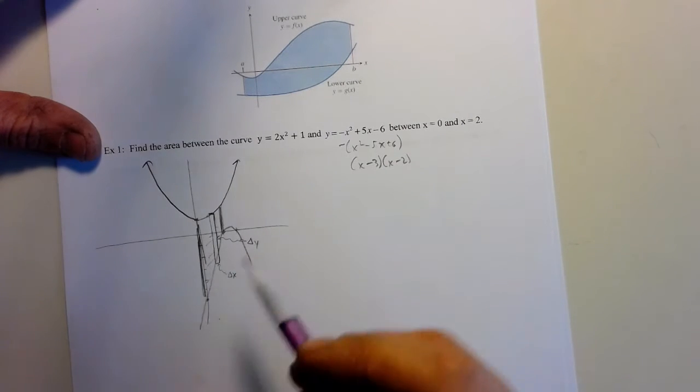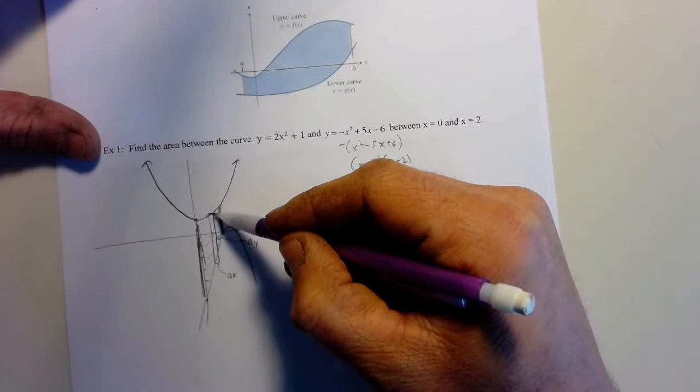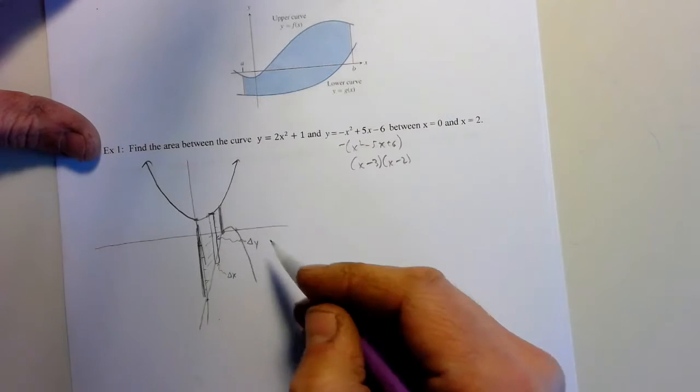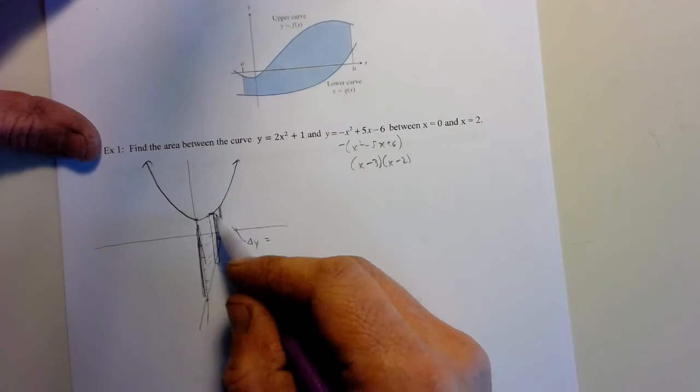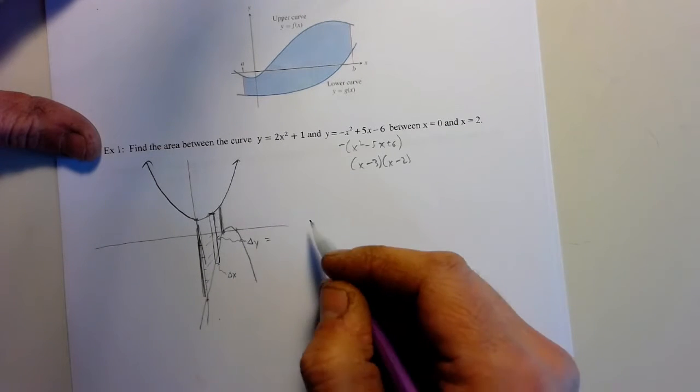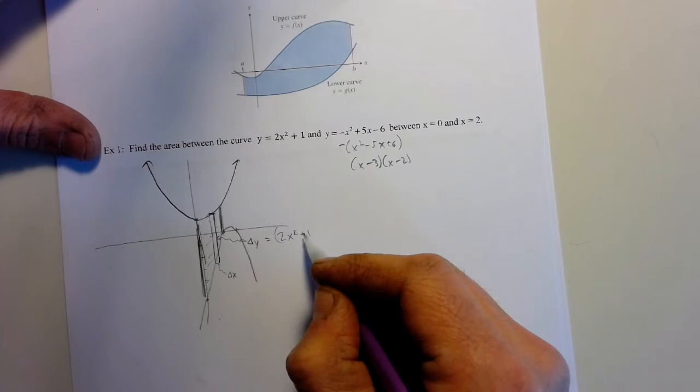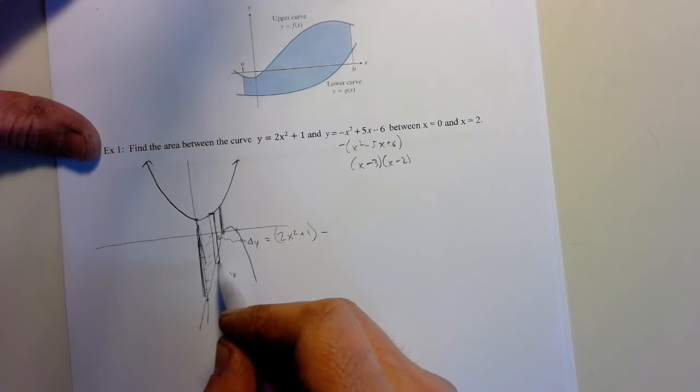To get that change in y, I go from the top function to the bottom function. So to get that height, it's just how far apart they are. The top function is the 2x squared plus 1, that's the y value there, and I'm going to subtract the lower one.